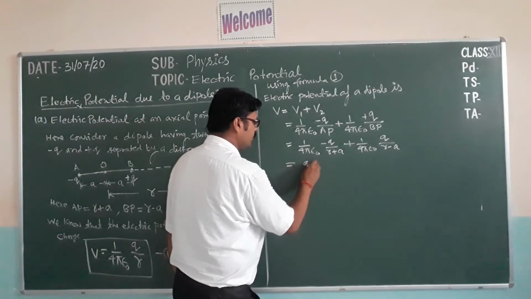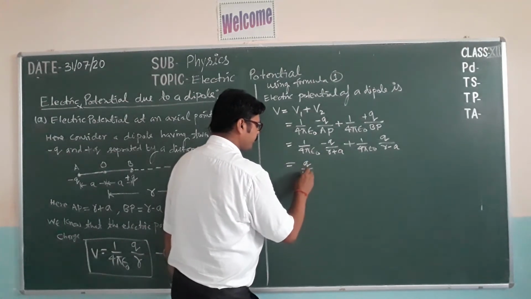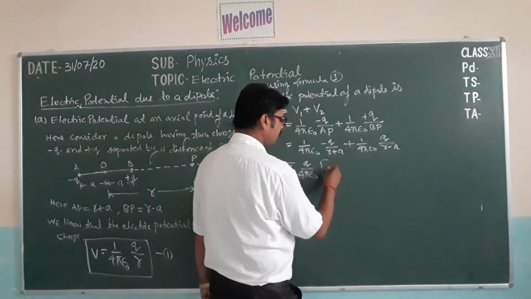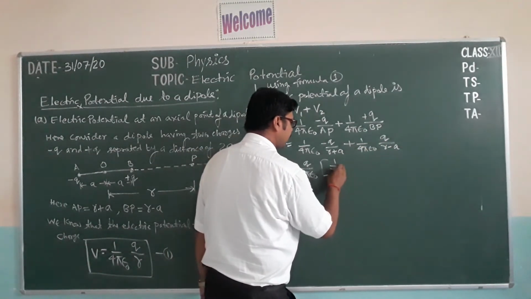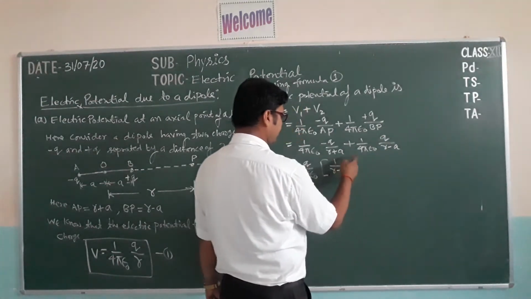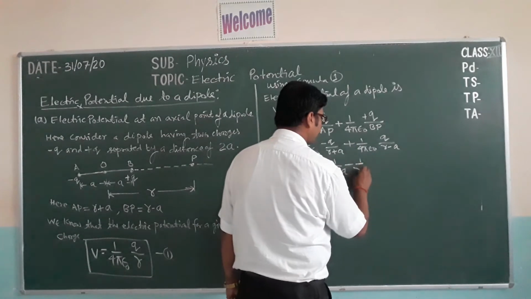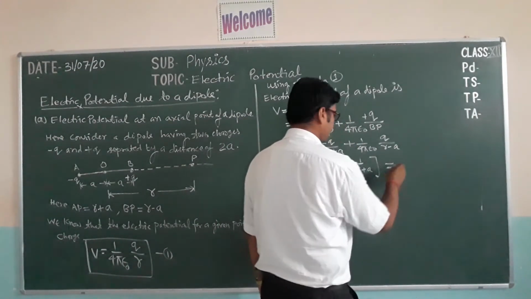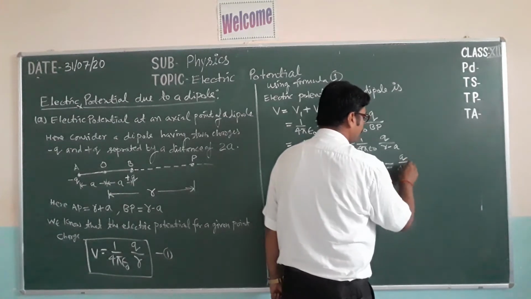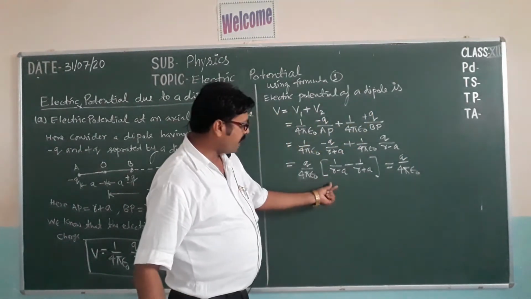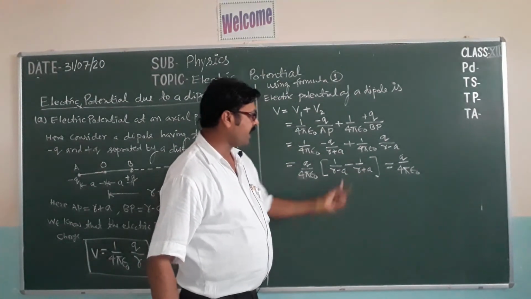So q upon 4 pi epsilon naught is common to all, and that is 1 upon r minus a minus 1 upon r plus a. After solving, q upon 4 pi epsilon naught and 1 upon r minus a minus 1 upon r plus a.